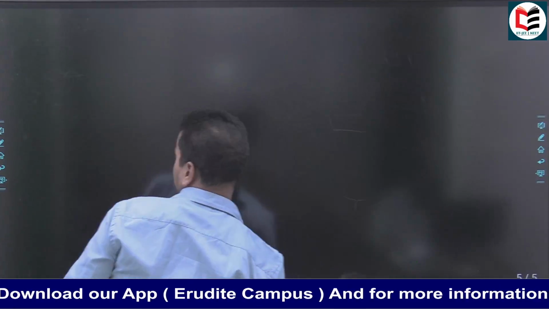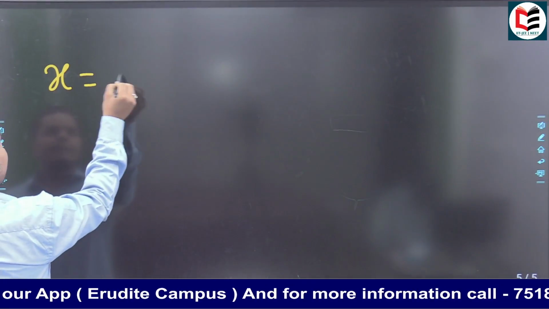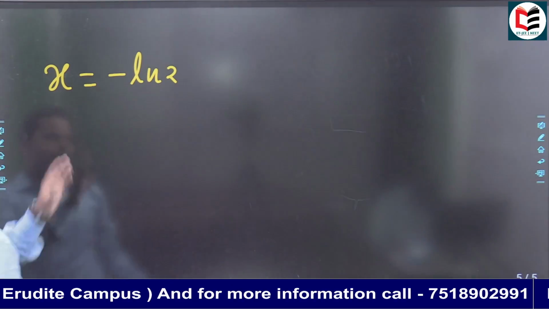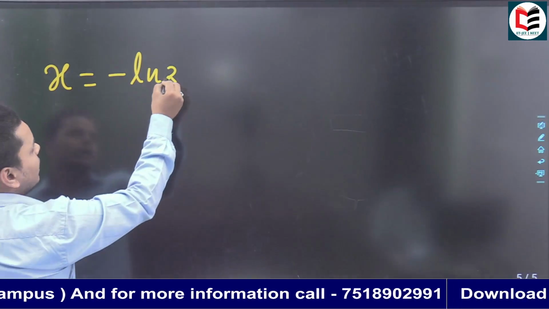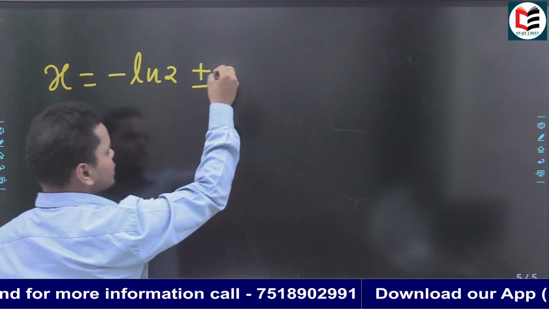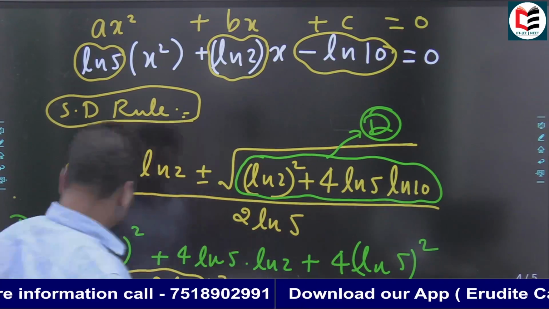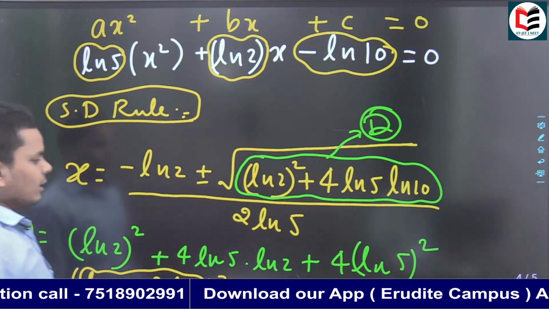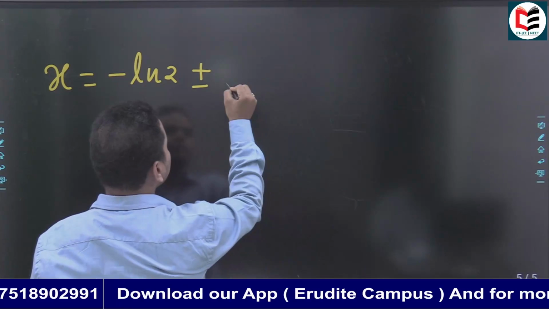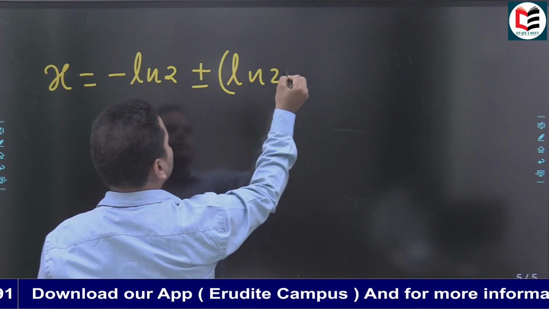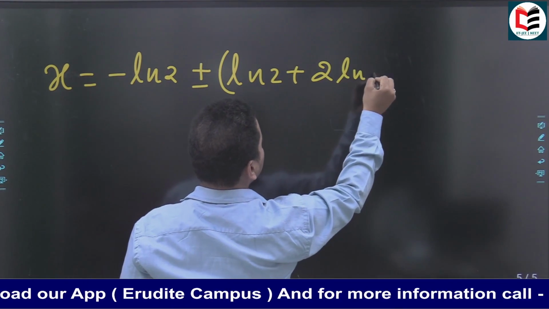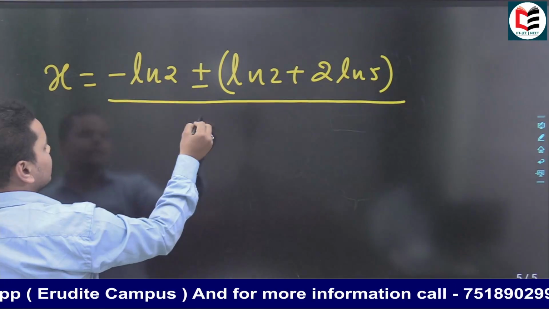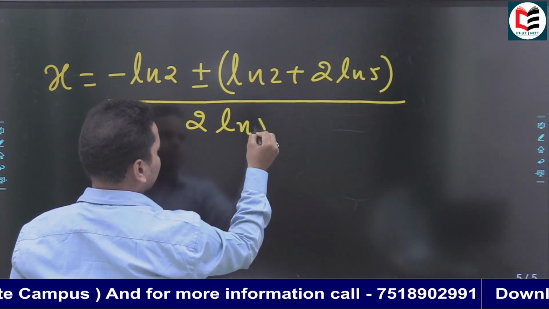Now we get x = −ln 2, that was −b in the Sridharacharya formula, plus or minus the square root answer, ln 2 + 2 ln 5, and in the denominator 2 ln 5.